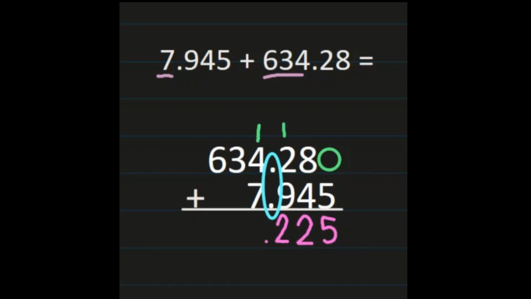Carry the 1. 7 plus 4 plus 1 is 12. We'll carry a 1 again. 3 plus 1 is 4. And 6 plus 0 is 6. So I have a sum of 642 and 225 thousandths. Again, making note that I have kept my decimal in my problem and in my sum lined up.